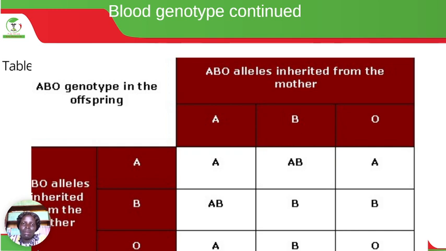Then if the mother has O and the father has A, the offspring will have A. And it continues like that. The only situation in which the offspring will have blood group O is when both parents have blood group O.